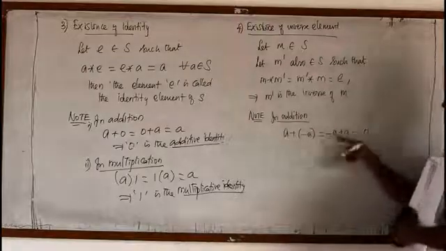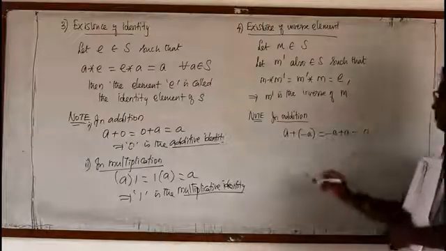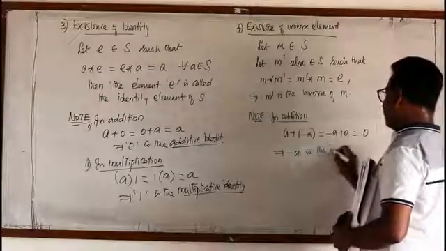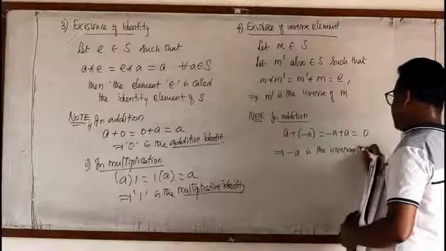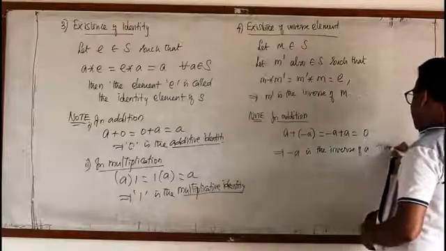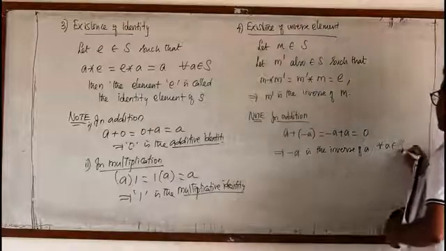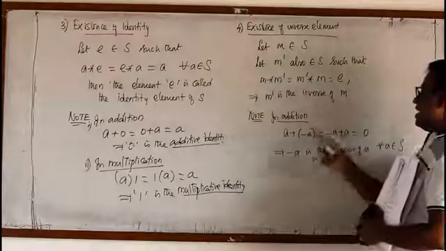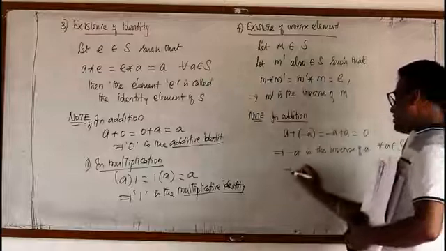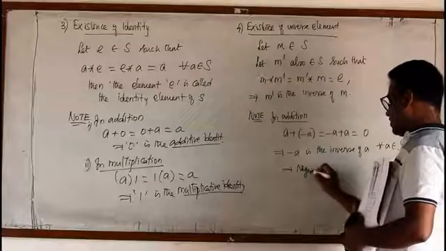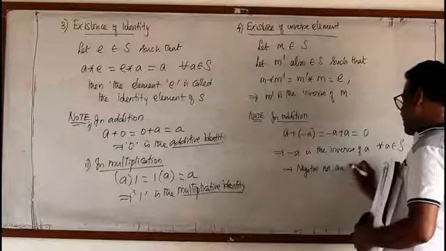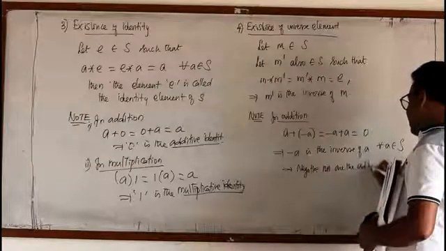So minus A is the inverse of A, for every A belonging to the set S. Therefore, all the negative elements are called additive inverses. So negative numbers are the additive inverses.